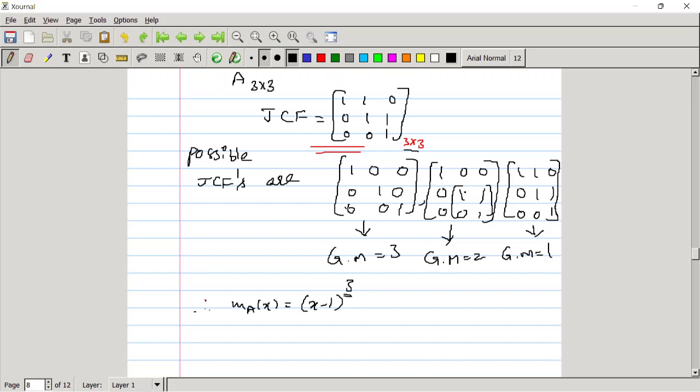If the minimal polynomial has a power 3, then there must be a Jordan block of order 3 for the corresponding lambda, that is lambda equal to 1. Actually, this is a direct question.